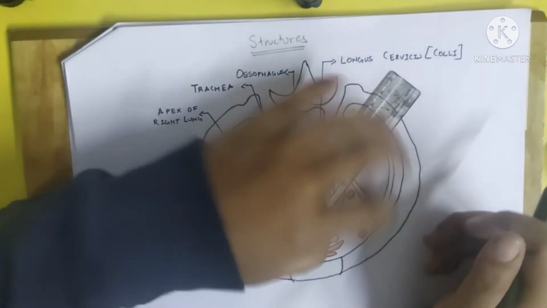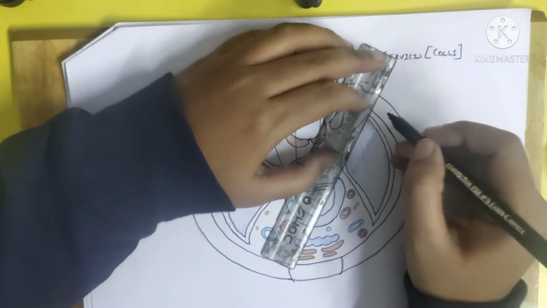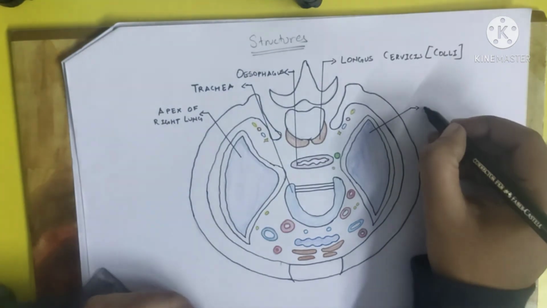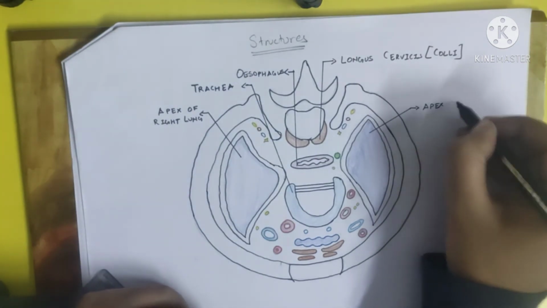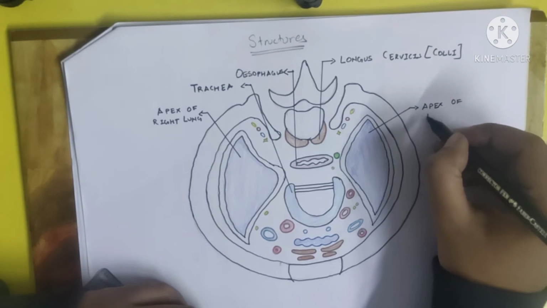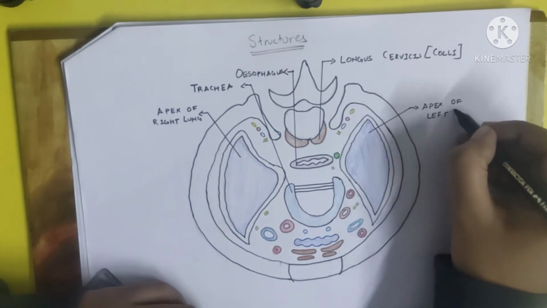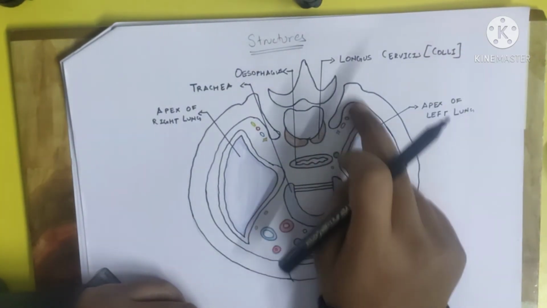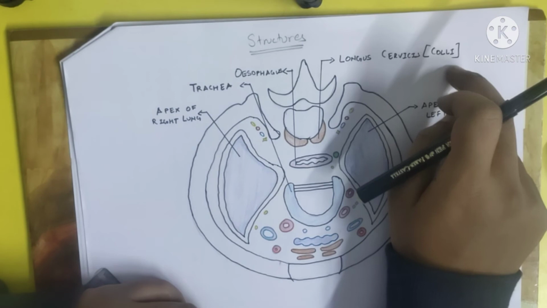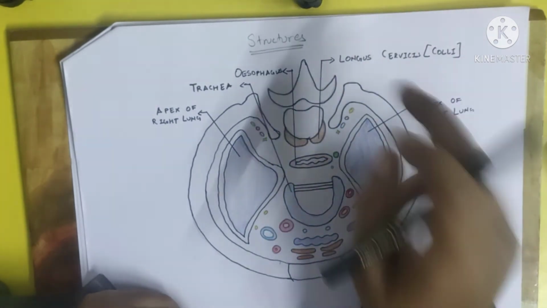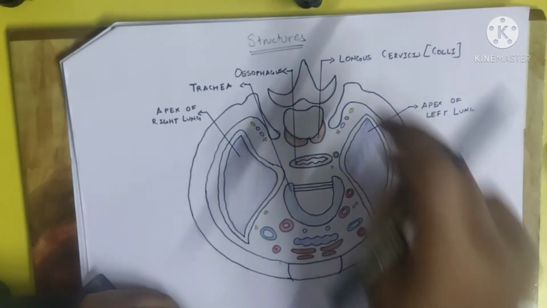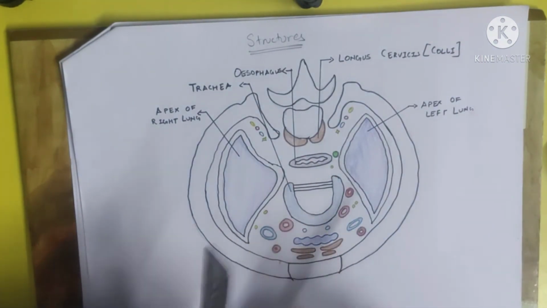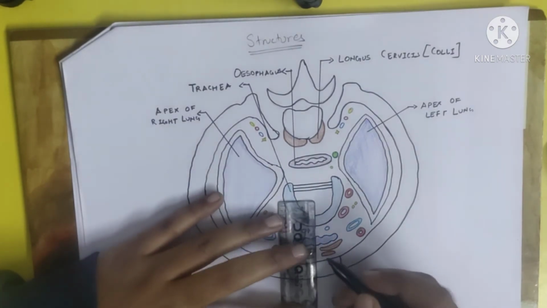You can mark the same thing on the opposite side, that is apex of left lung. Okay, now I've kept a space over here because these four diagrams I'm going to mark over here. So now we are done with the major structures. We'll be going for smaller structures. First we will start with these structures because comparatively they are a bit bigger in size.